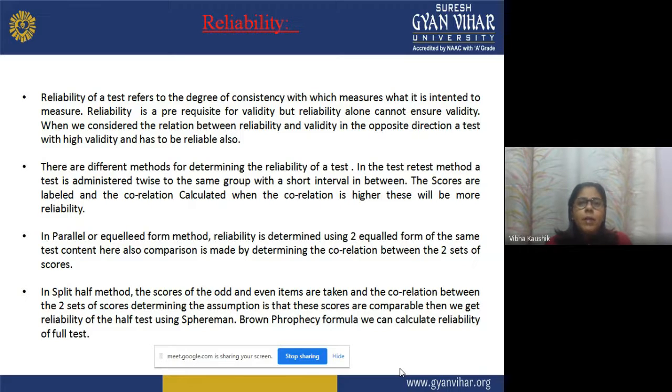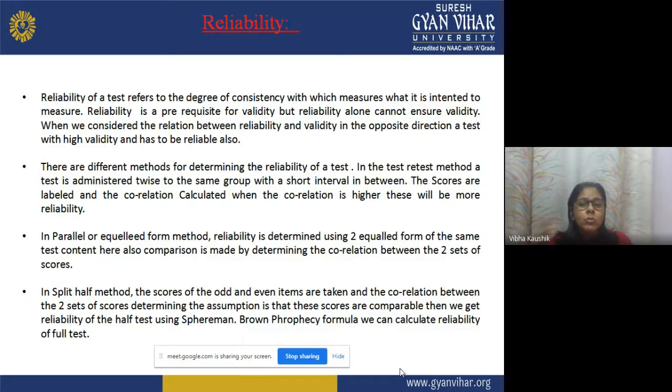For example, if I made a test to measure your intelligence, then I have to administer the test to measure your intelligence. I administered the test for the first time to group A, and that administering of the test I call A test. Then after administering the test to the group, I will get some results.